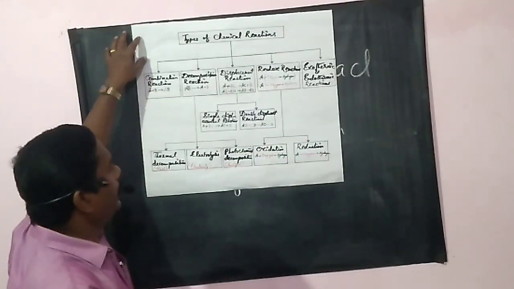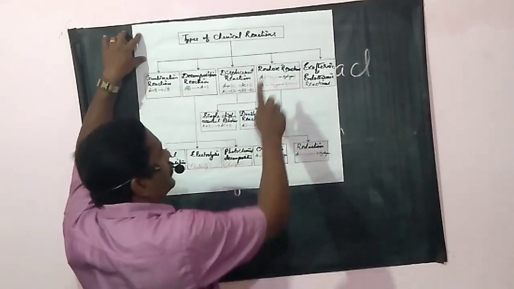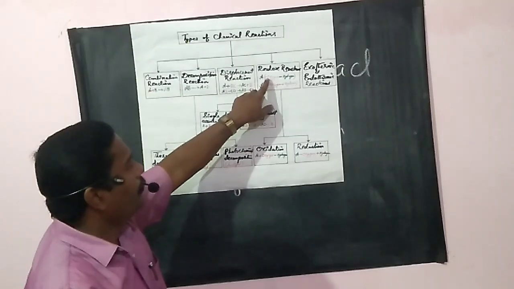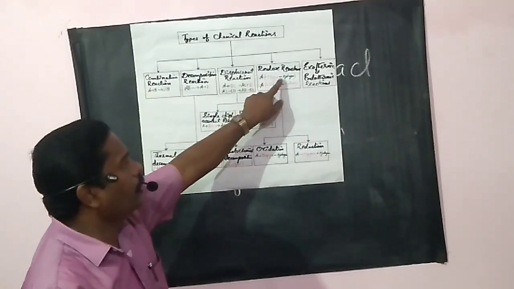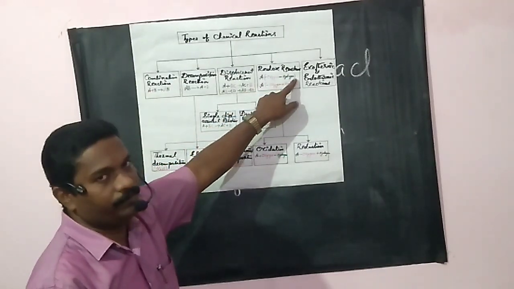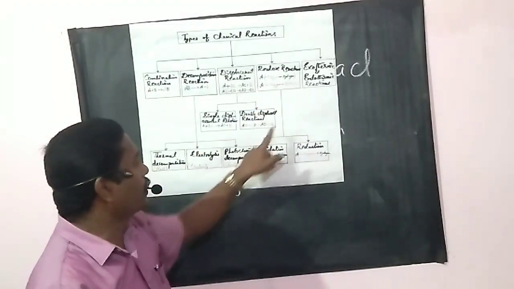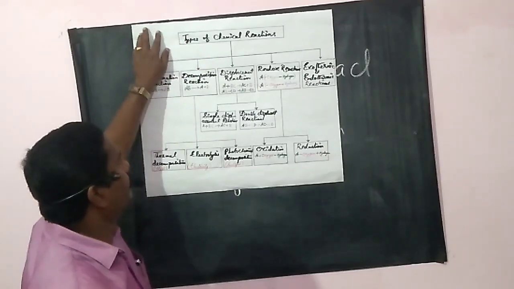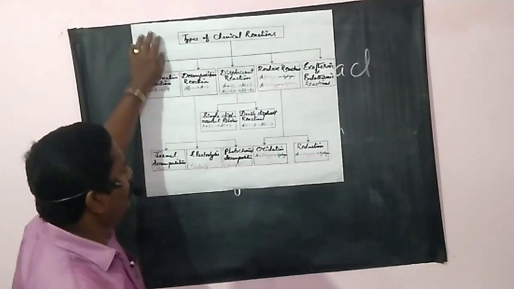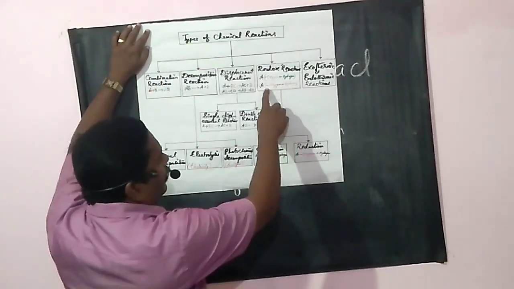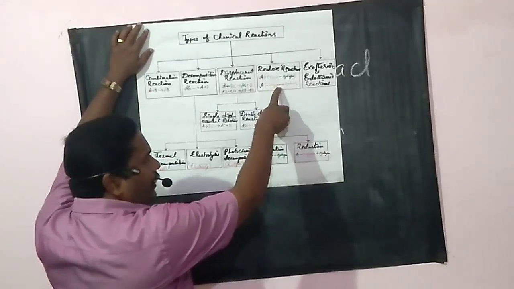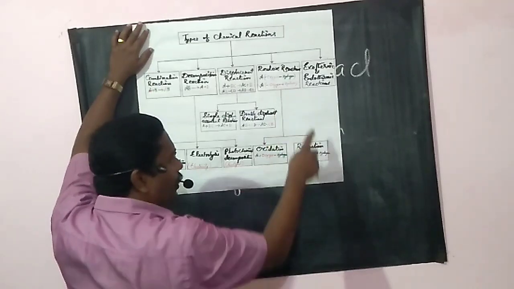And then redox reactions. An element when it adds oxygen or loses hydrogen, it is oxidation. And second one, losing of oxygen and addition of hydrogen is called reduction.